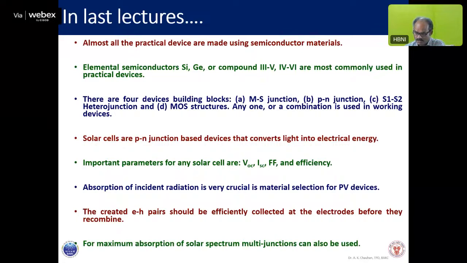Before they recombine, they should get collected. For maximum absorption of the solar spectrum, multi-junction solar cells can also be used, where you are stacking one solar cell over another solar cell, and selectively some parts of the spectrum are absorbed in all three or four, however many junctions you have.